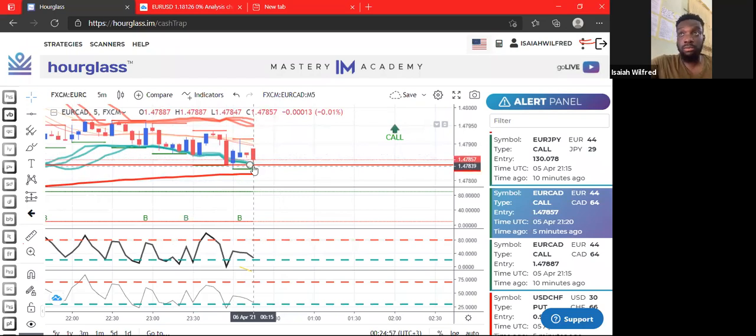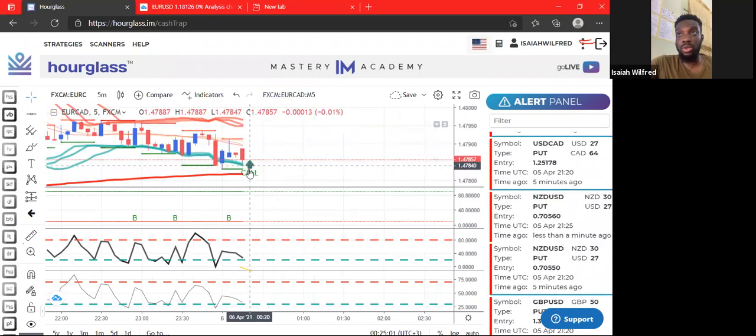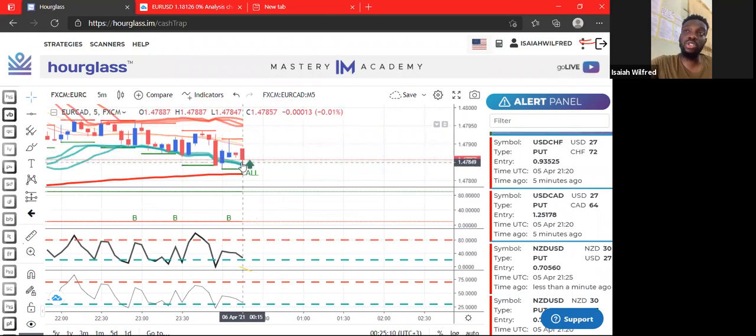I'm taking it because the next support line is not even too far from it. So if it gives a call around the support, it must be on that support line. Price must have gotten to the support line before you can take it. So if I don't see it there, I'm not taking it. I just want to really wait again. I hope you guys are understanding.